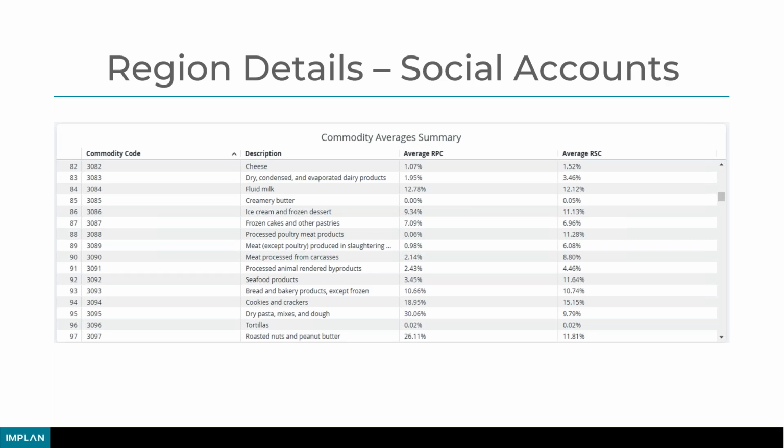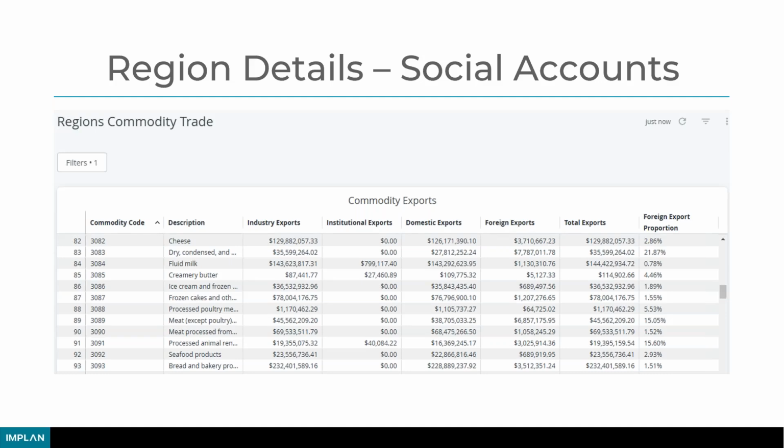So again, when we're thinking about the context for regional economic activity, these are important to understand and to think about how those dollars are cycling through the local economy in terms of regional purchase of goods that are locally produced and regional supply to local consumers.